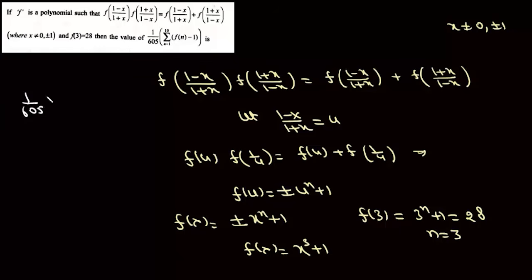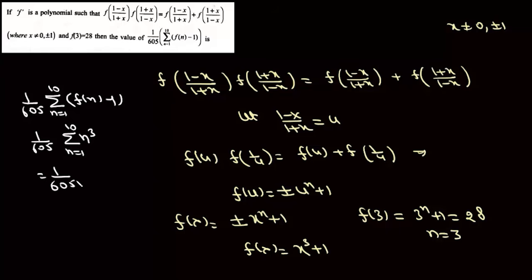Now it says we need to find the value of 1 upon 605 times the summation, n varies from 1 to 10, f(n) minus 1. Now f(n) minus 1 is simply n cube. So this is 1 upon 605 summation n cube, where n varies from 1 to 10. This is the sum of cubes of first 10 natural numbers.